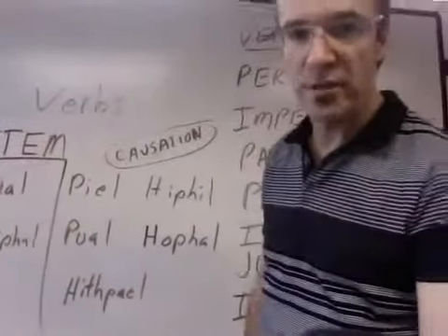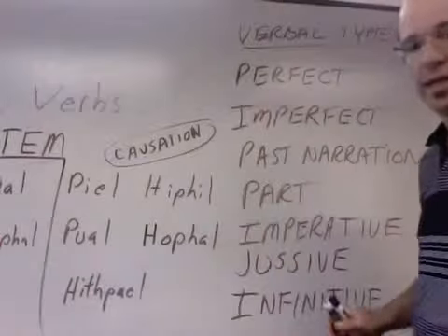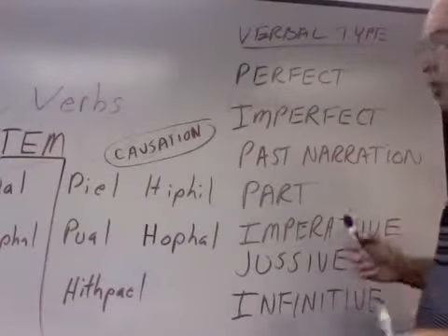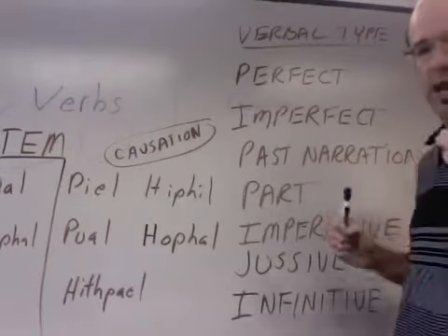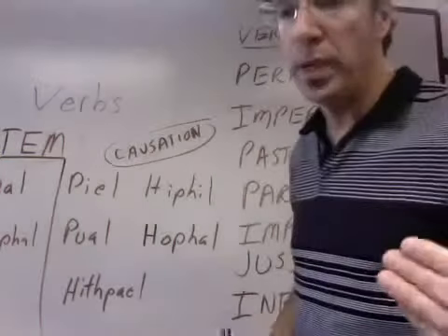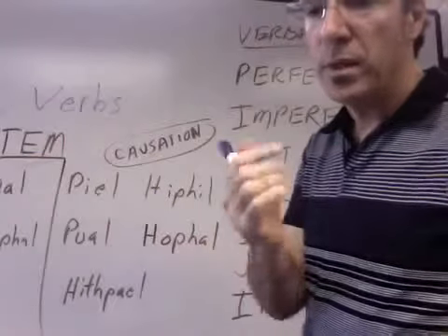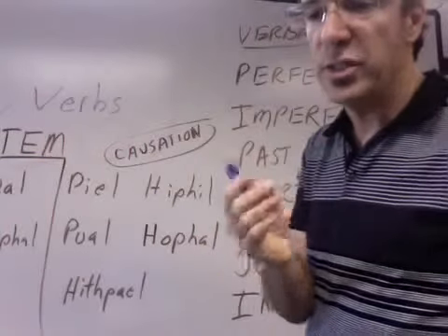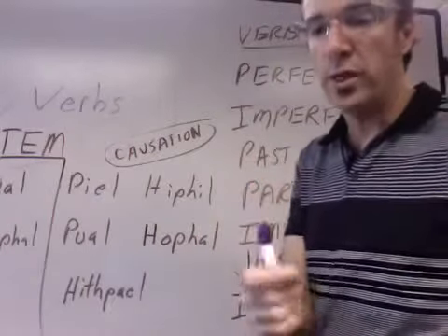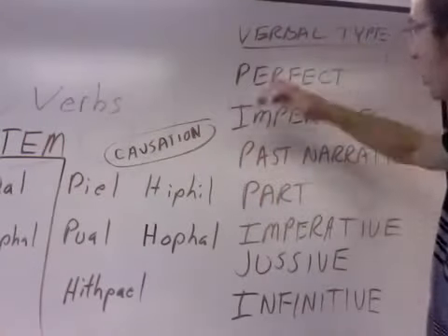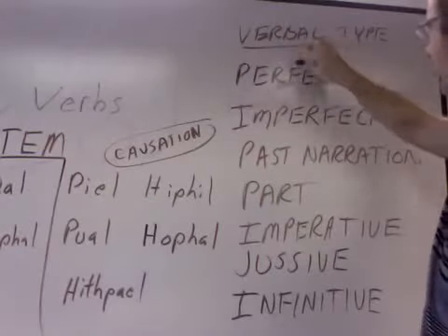Now the other piece you have to do when you're analyzing a verb is to say something about the verbal type. And I've listed the verbal types up here again, and if you have Arnold Choi, open up to 3.1, where the stems are. The verbal types are all listed in 3.2, 3.3, 3.4, 3.5. I've just included all of those types into verbal type here.